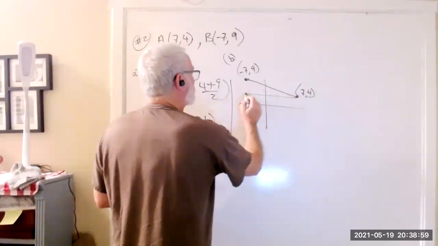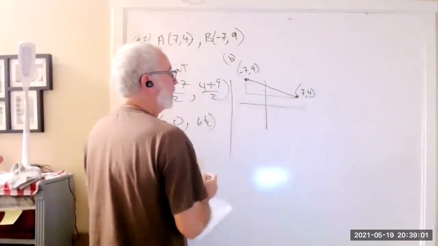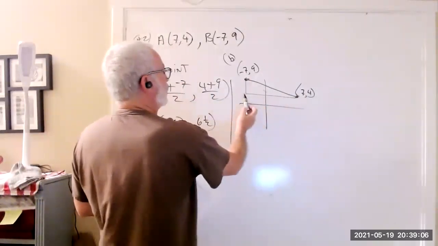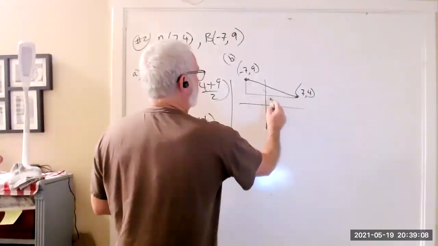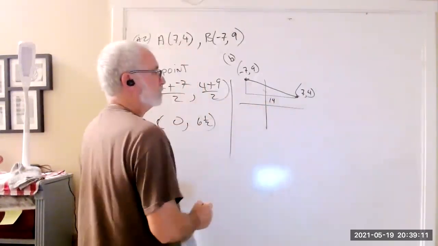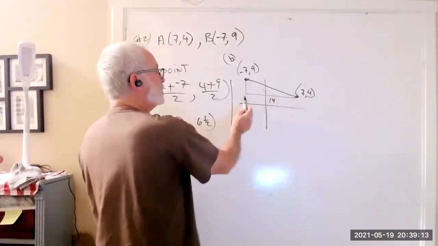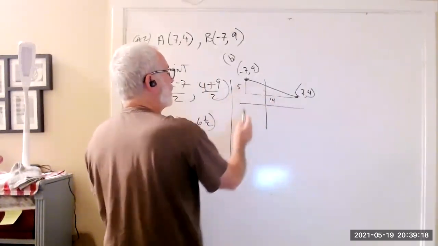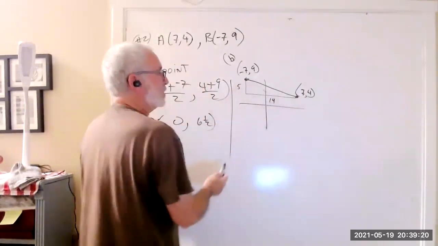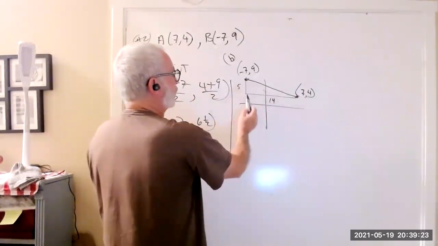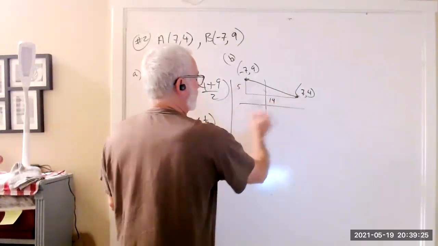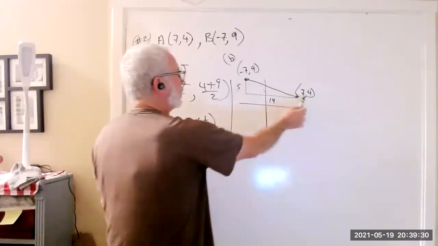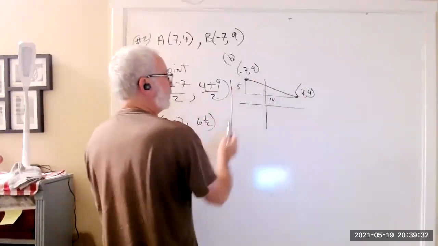One way to do it is to create a triangle and say this side that went from negative 7 to positive 7 is 14, and this side that goes from 4 to 9 is 5. When you're going sideways, you're measuring the x values. So the x values went from negative 7 to positive 7, a total of 14. The y values went from 4 to 9, a total of 5.